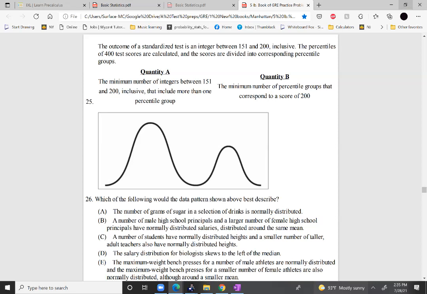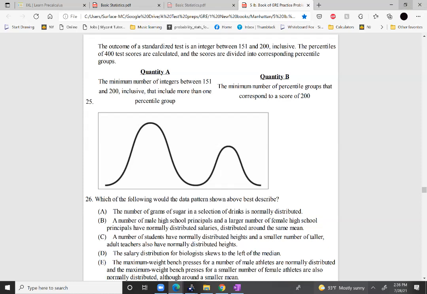How on earth do you get this? The outcome of a standardized test between 100 and 200, inclusive. Percentiles of 400 test scores. The minimum number of integers that include more than one percentile group.